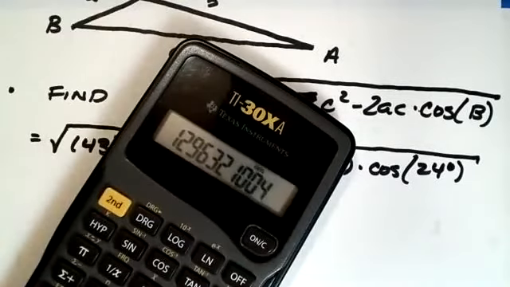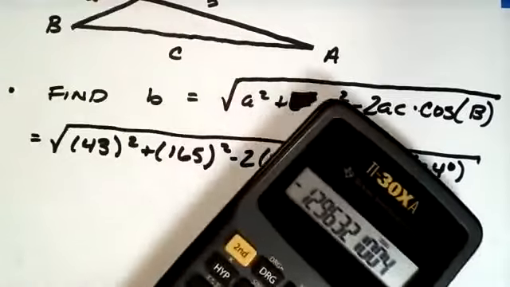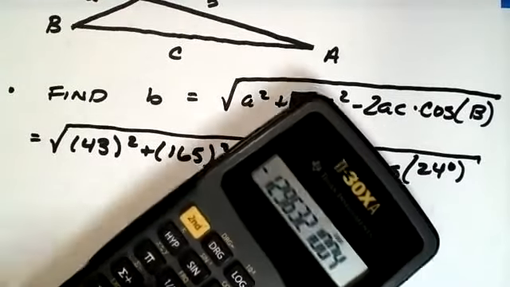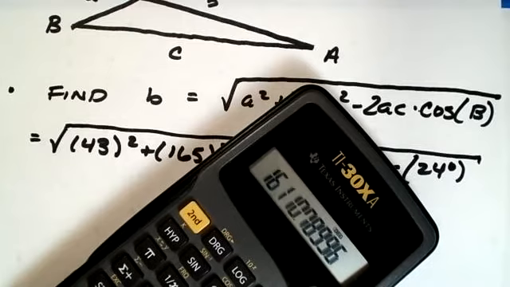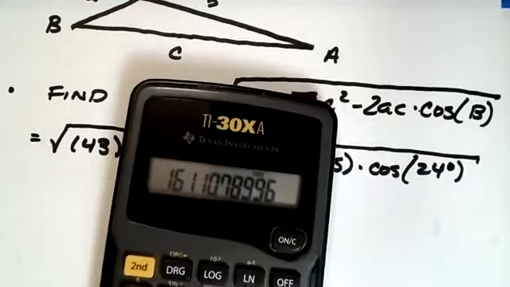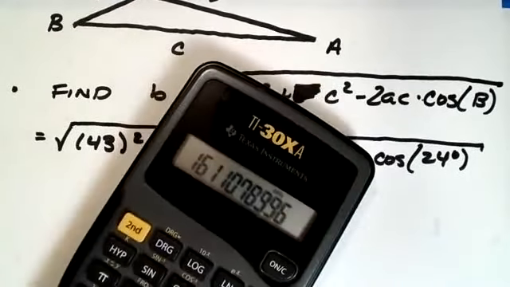Then I change the sign so it's negative. Then add to that 165 squared, and then add to that 43 squared. Notice I now have a number 16,000 something or other. Now I'll take the square root of this.